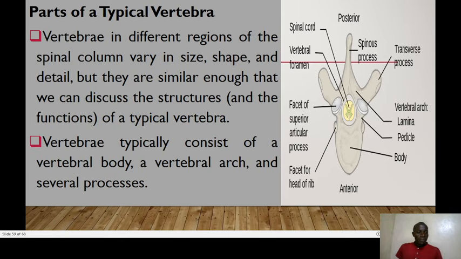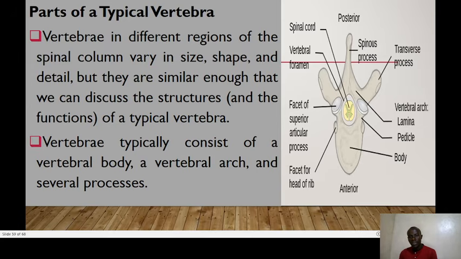So we have parts of our vertebrae. Vertebrae in different regions of the spinal column vary in size, shape, and detail, but they are similar enough that we can look at a typical one. Okay, so vertebrae typically consist of a vertebral body, vertebral arch, and several processes.